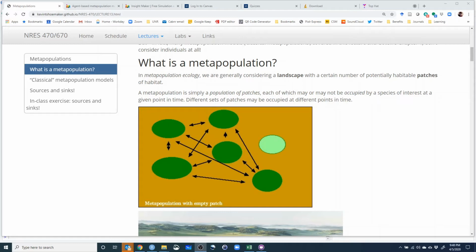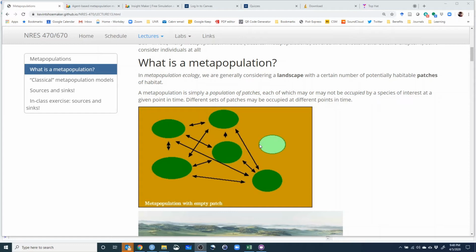We call these patches because they may be occupied, they may have several individuals living on them, but they may be empty. So we have these occupied patches indicated here in green, and then there's one empty patch that's not occupied now, but may be occupied at some point in the future.